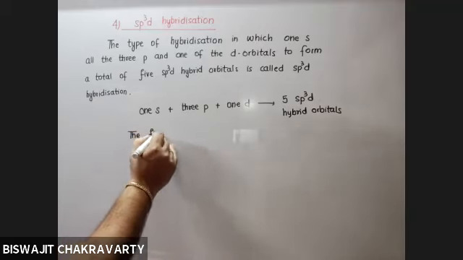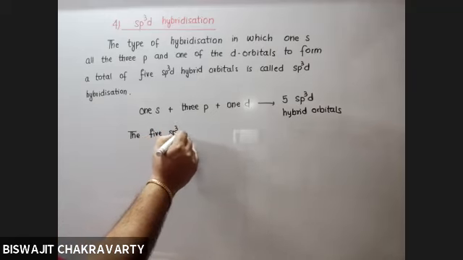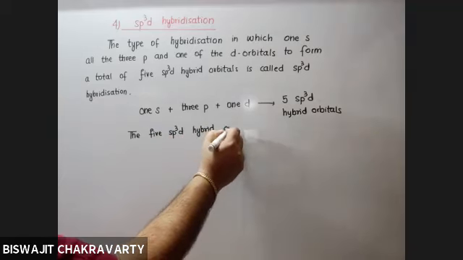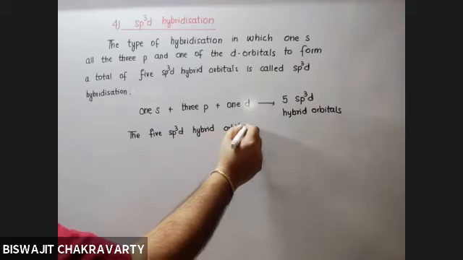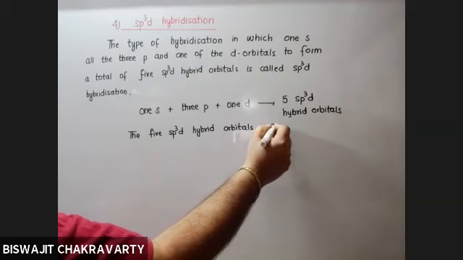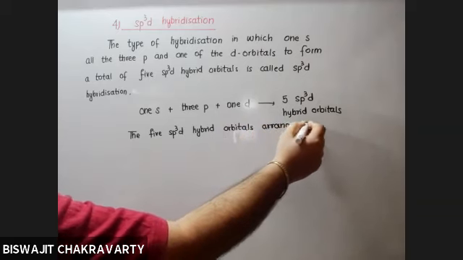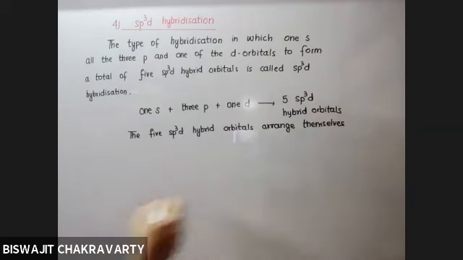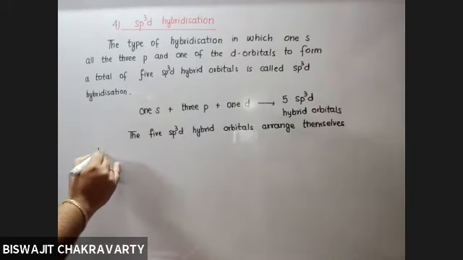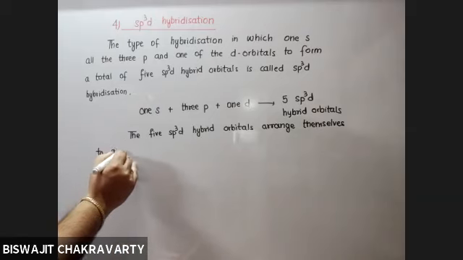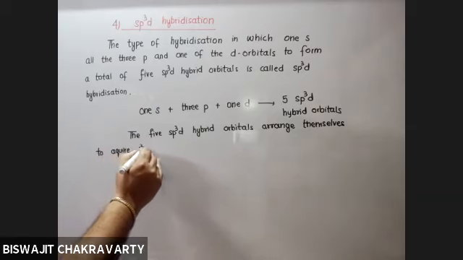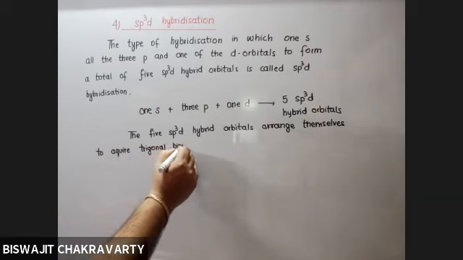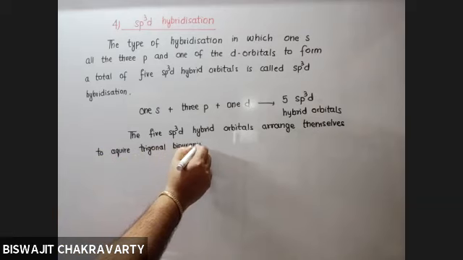These 5 sp3d hybrid orbitals arrange themselves to acquire a trigonal bipyramidal shape.